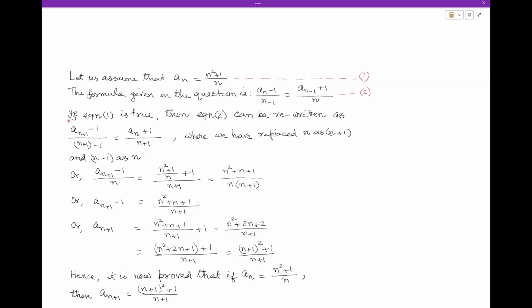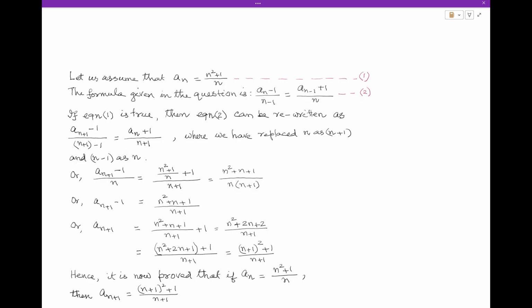If equation 1 is true, then equation 2 can be rewritten as a n plus 1 minus 1 divided by n plus 1 minus 1 is equal to a subscript n plus 1 divided by n plus 1, where we have replaced n as n plus 1 and n minus 1 as n to go to the next term.